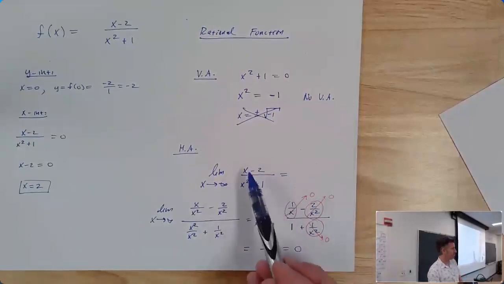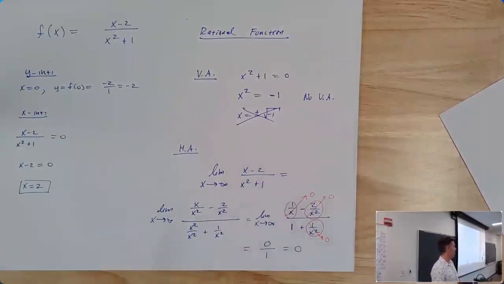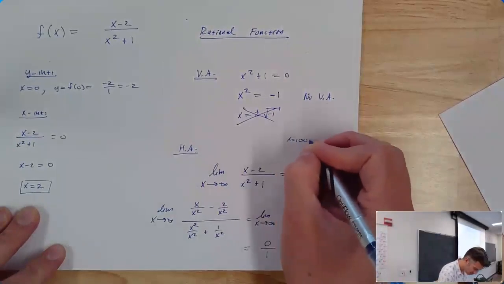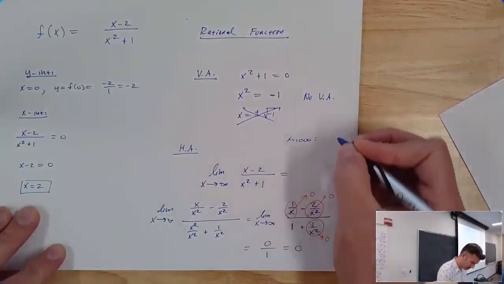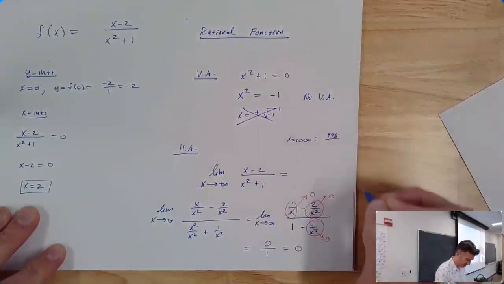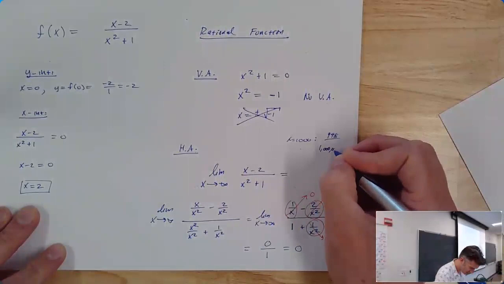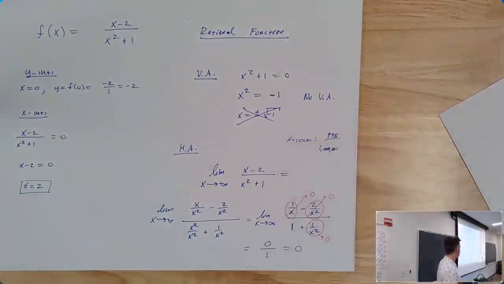If you have x minus 2 divided by x squared plus 1, that denominator is getting larger faster than the numerator. For example, if x were equal to 1,000, you're going to get 1,000 minus 2 over 1,000 squared, which is 1,000,000 plus 1. So you essentially got 1,000 over 1,000,000.